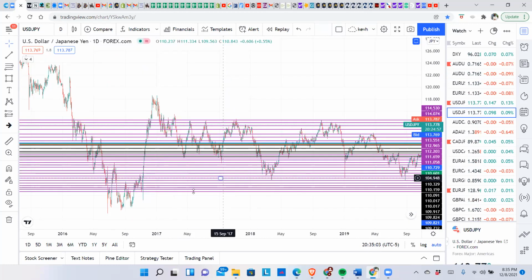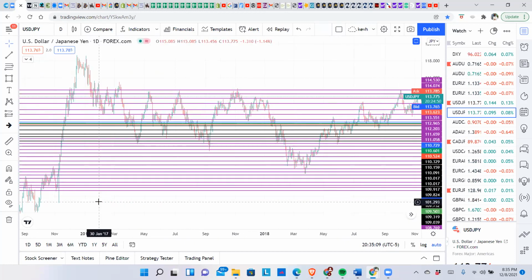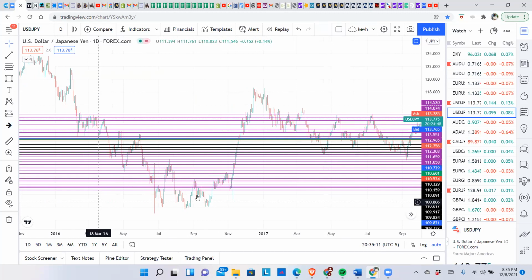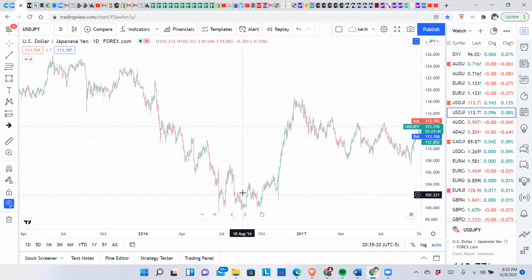This is not really a double bottom. It looks more like a triple bottom for us. We did not really talk about triple bottom, so I'm not really going to put that out there, but it's pretty much the same thing.